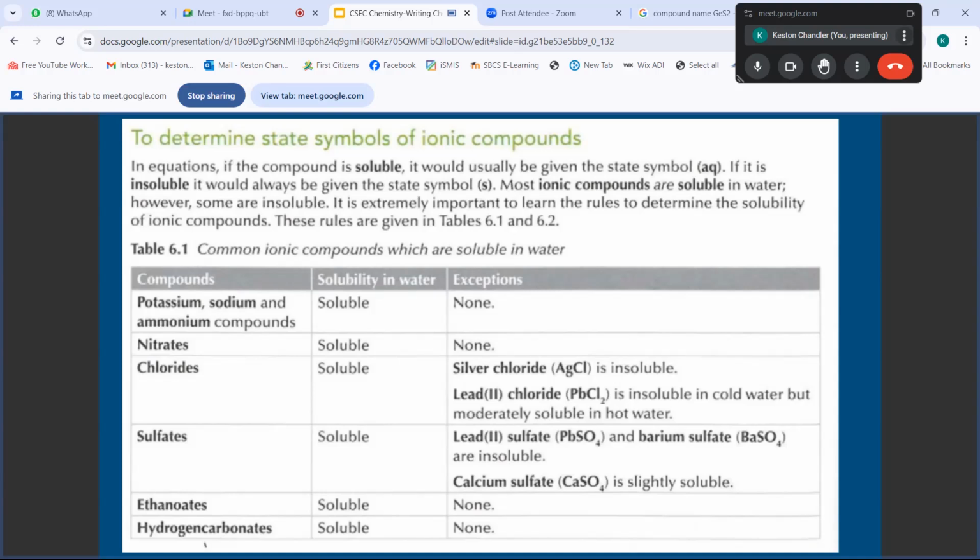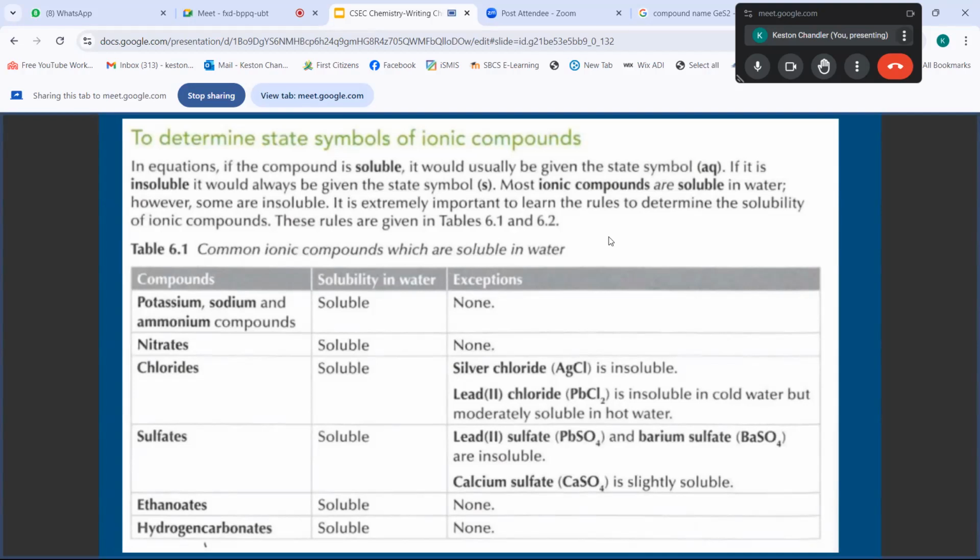Chlorides are soluble with the exception of silver and lead chloride. Those are both insoluble, right? Lead chloride is partially soluble in hot water. Sulfates are soluble with the exception of lead-2 sulfate and barium sulfate, and calcium sulfate is slightly soluble. The ethanoates are soluble, and hydrogen carbonates are also soluble. There are no exceptions to this, right?